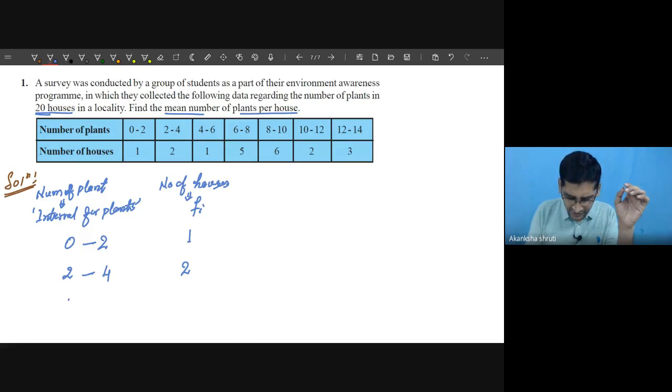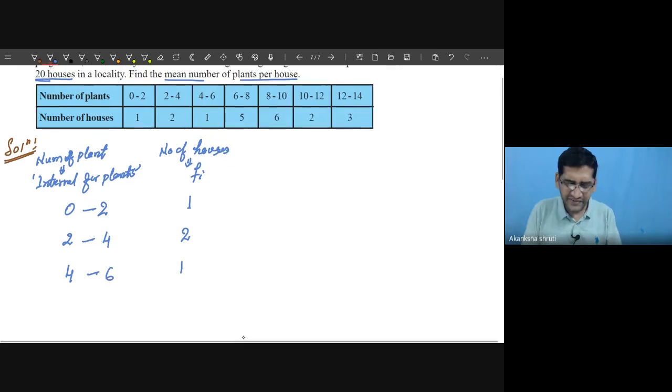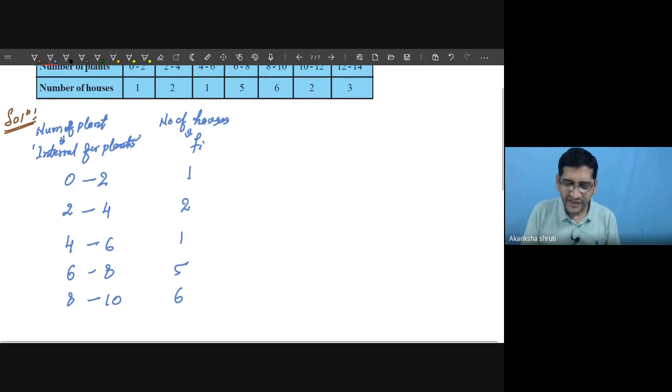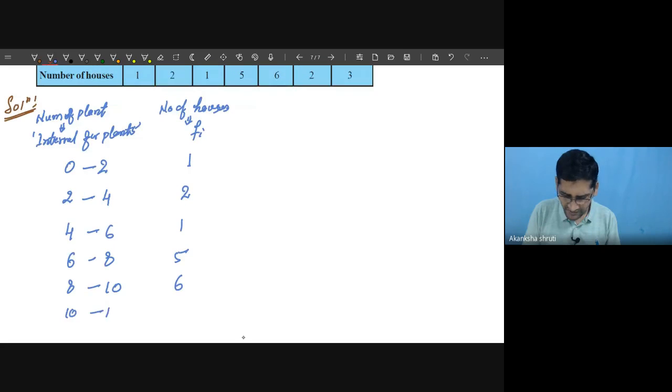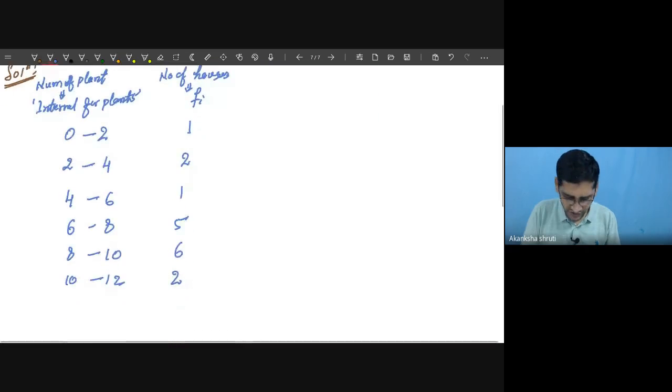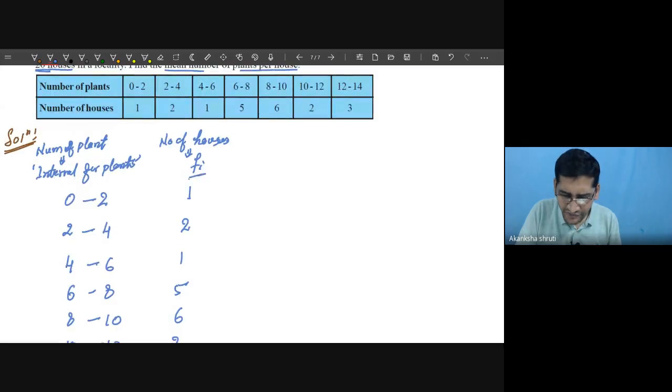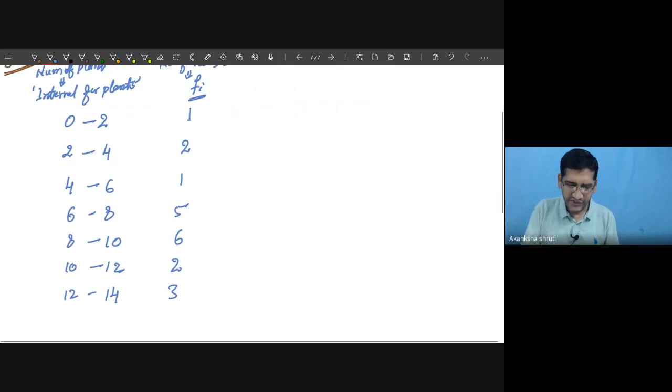The other one, 4 to 6, is 1. Then 6 to 8 is 5. Then 8 to 10 is 6. 10 to 12 is 2. And 12 to 14 is 3. Okay, students, so this way you have calculated Fi.